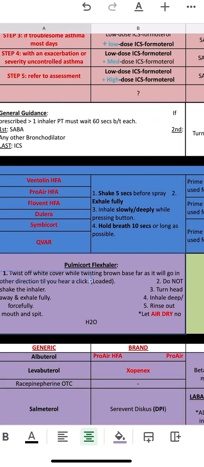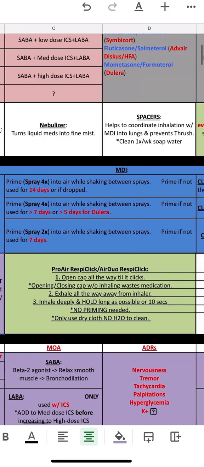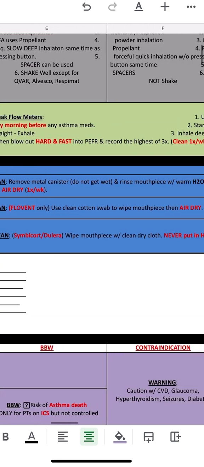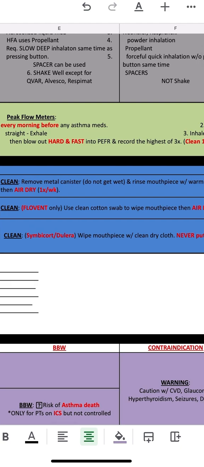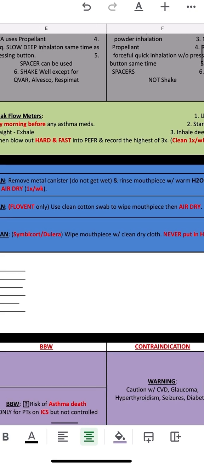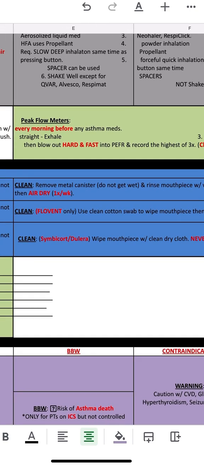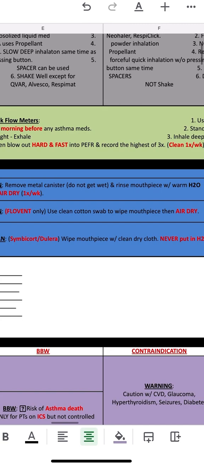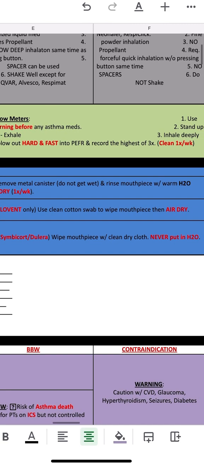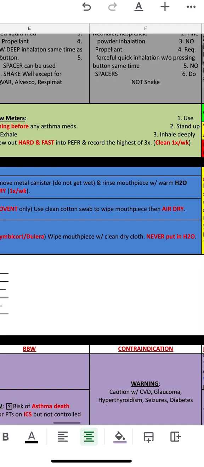Flovent and Dulera. For Flovent, only use a clean cotton swab to wipe the mouthpiece, then air dry. Symbicort, Dulera, wipe the mouthpiece with a clean dry cloth, and don't put in water.